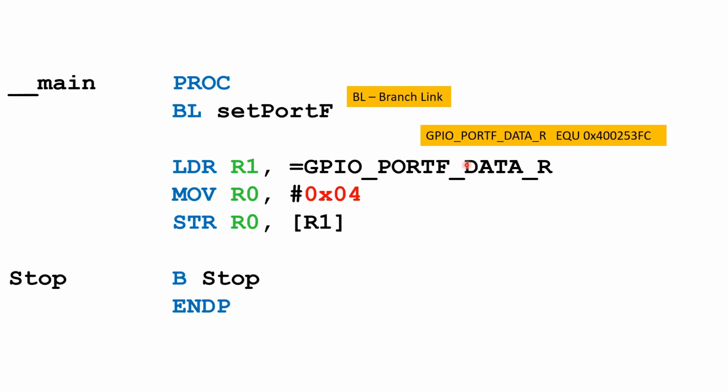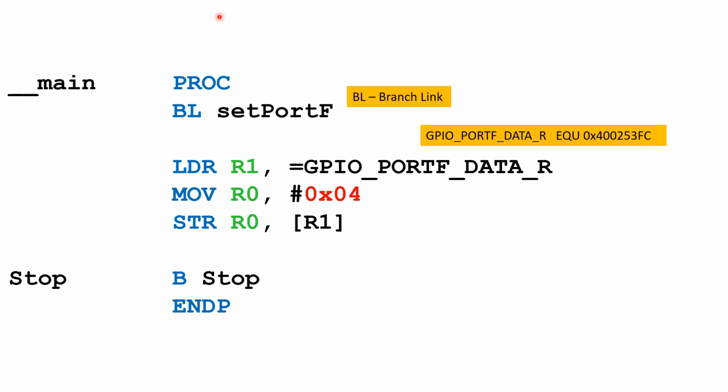The value in this instance is 400253FC in hex. And then the next one is a MOV instruction, very similar to LDR. It copies the value 04 hex into R0.